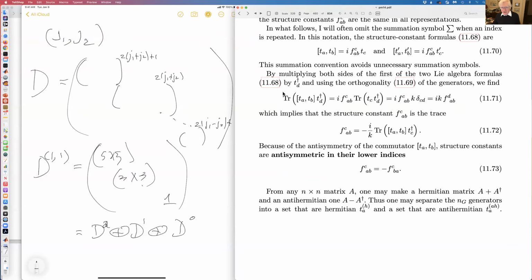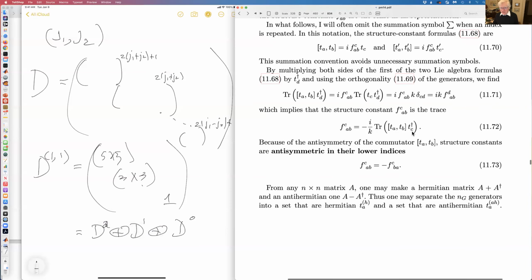And so this is a formula for the structure constant, namely f_CAB is minus i over K, K being a normalization constant for each representation of each group. And they're usually very simple numbers, similar to 1, √2, things like that. It's the trace of the commutator of T_A with T_B with the adjoint of T_C.